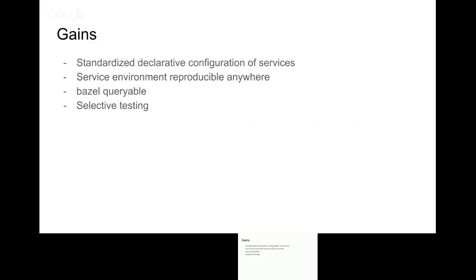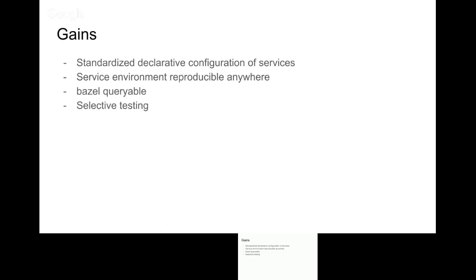So it's the same on CI as in a local development environment, which means there's no more of this like, oh, well, I can't reproduce this test failure locally because CI is slightly different than me. That doesn't happen anymore. And since it's a declarative configuration, it's Bazel queryable. So it's very easy to answer a question like, what service depends on mine in tests? That's just a Bazel query away.